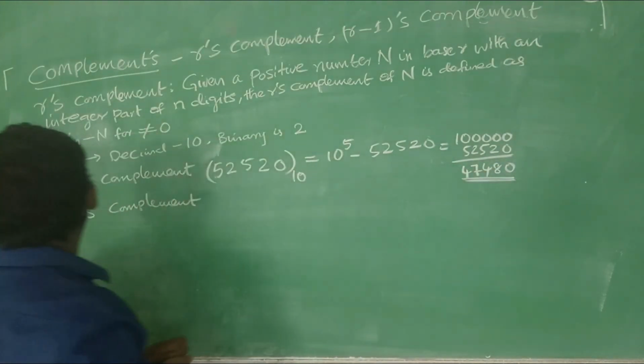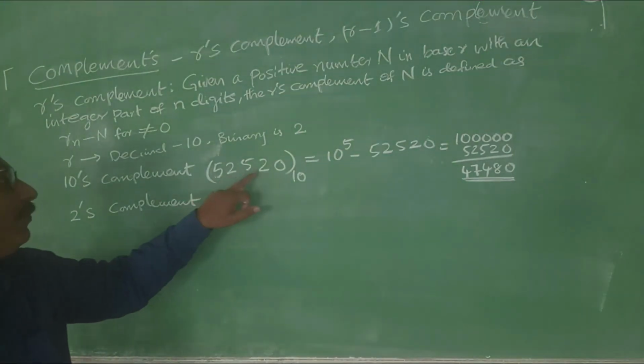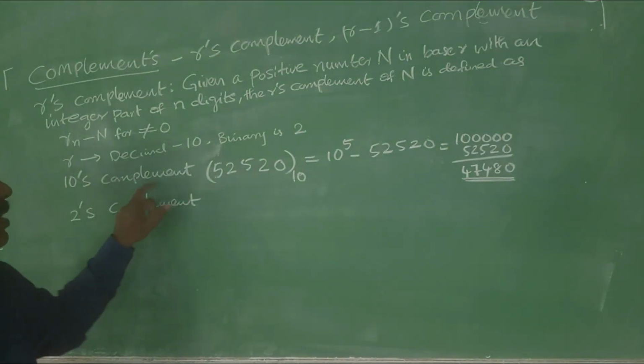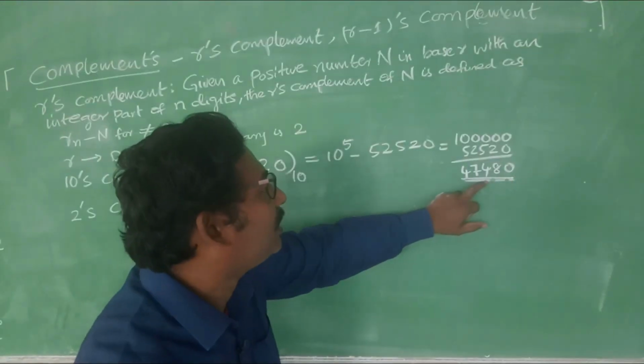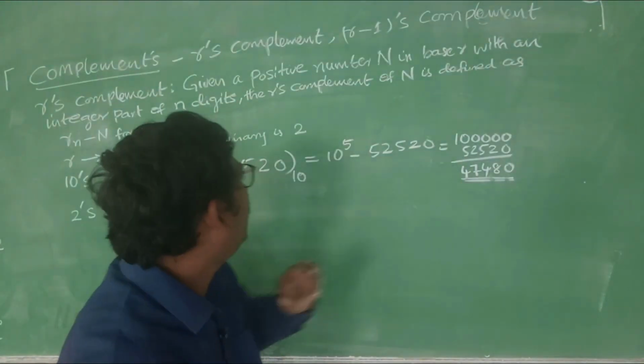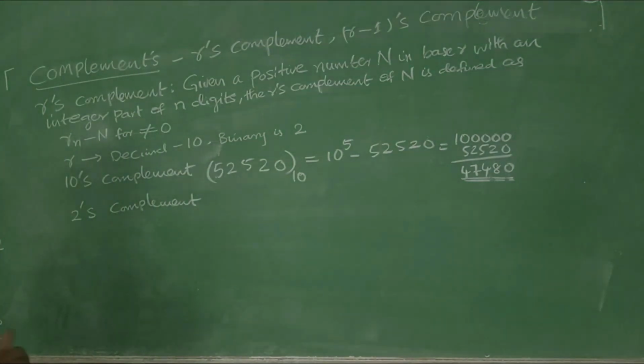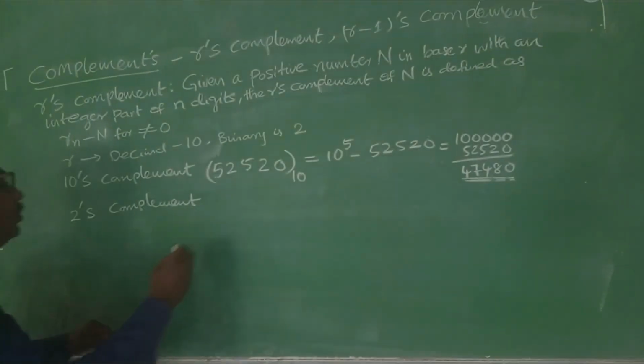So the output of the 10's complement of 52520 is 47480. Next, 2's complement.